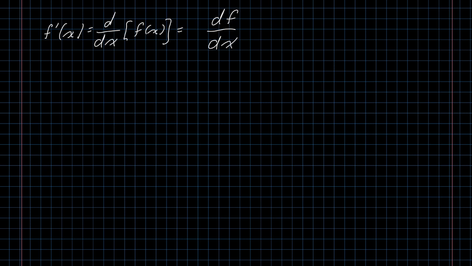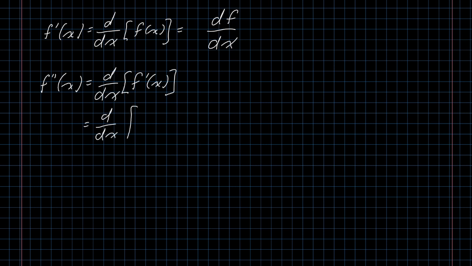The second derivative would then be d dx of f prime of x. But substituting in, this is d dx of d dx of f of x.